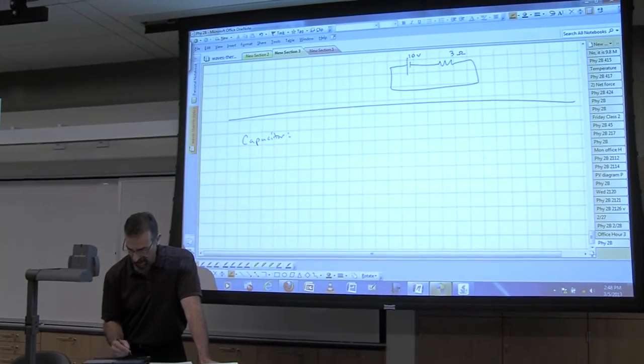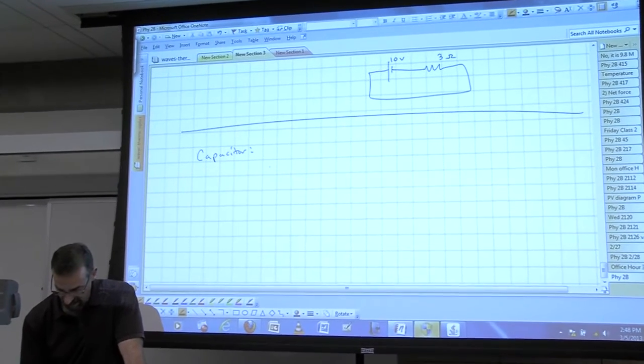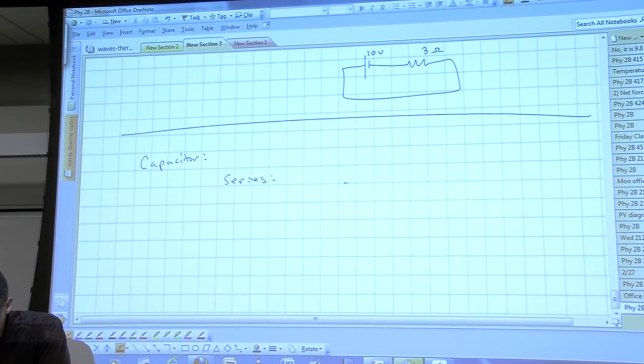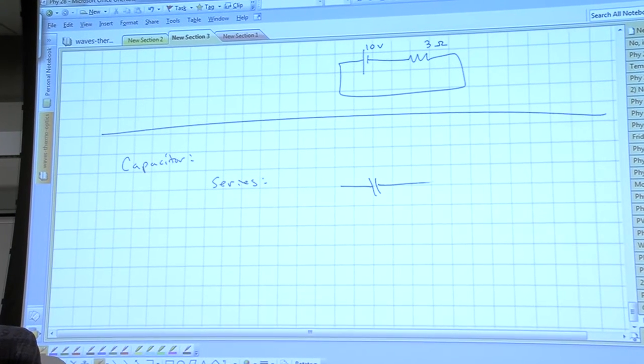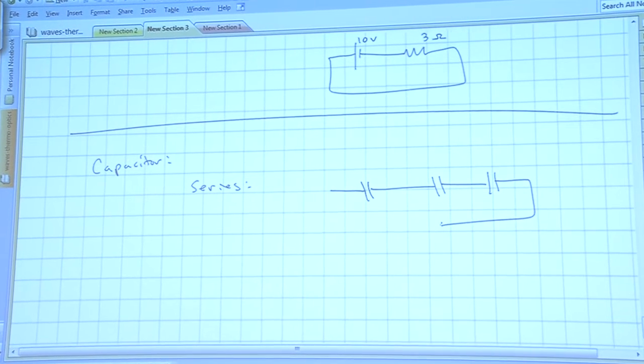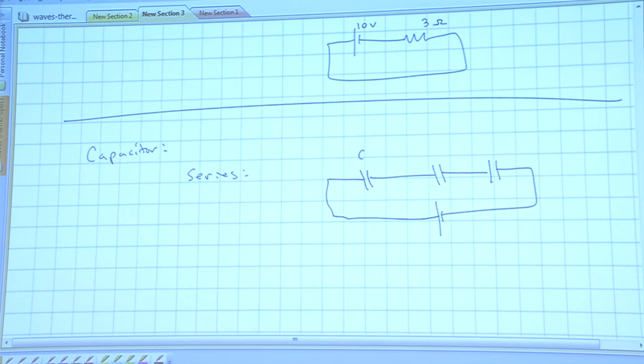And capacitors can also be hooked up in circuits in various ways, in series and in parallel. So we have to be careful here because these are capacitors and this is my battery.